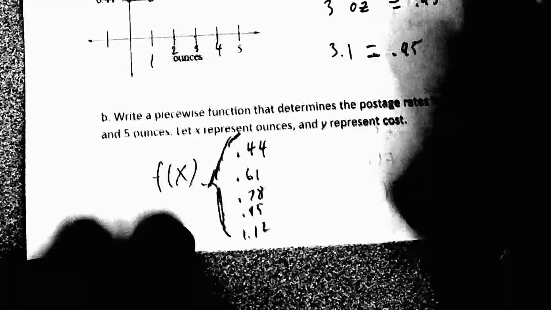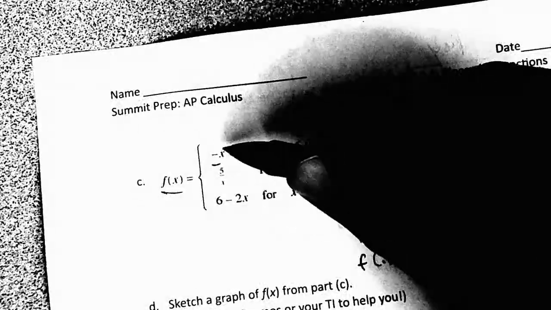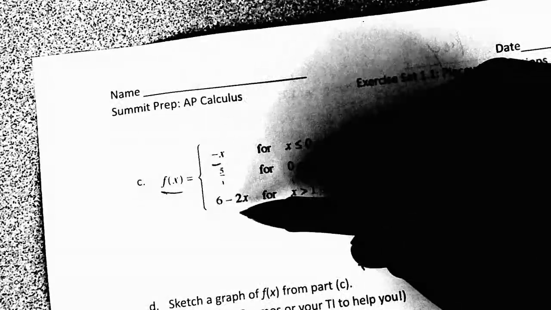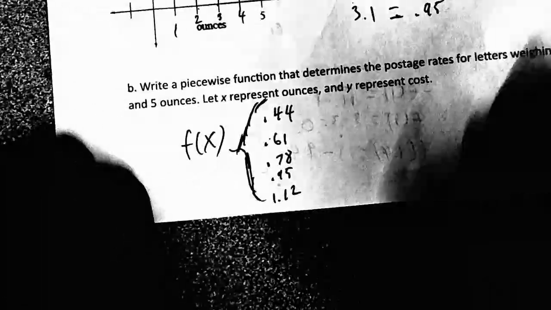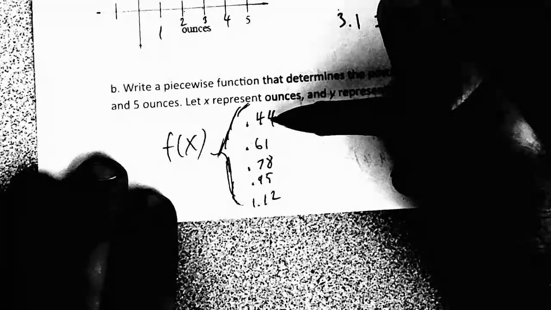But then I need to put my intervals. Kind of like above, you have your values on the left. Like this will be output, right? But you need to put your x values, your intervals. So my value is 0.44.